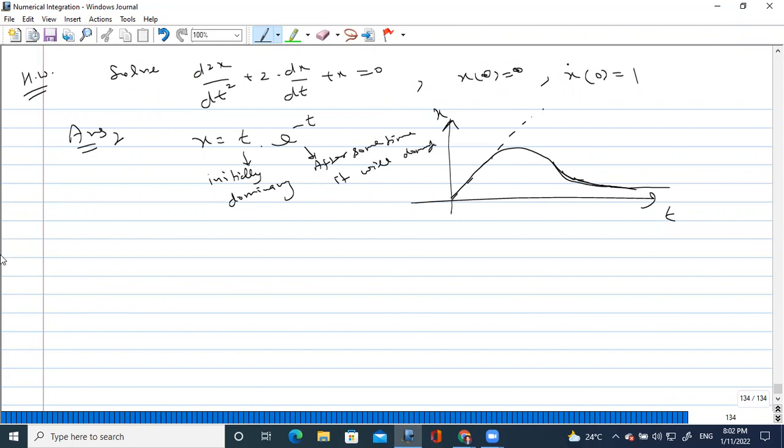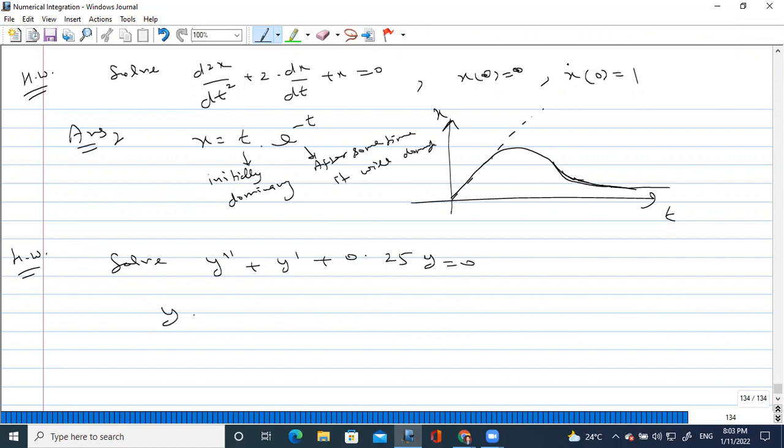One more question is there. This is also homework. Solve y double dash plus y dash plus 0.025 y is equal to 0.